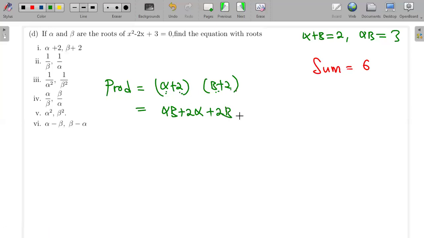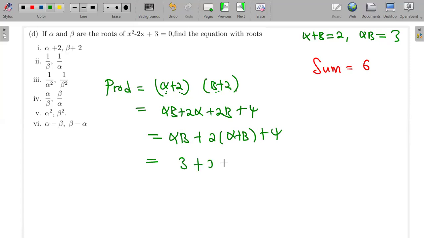Then 2 multiplied by 2, I get plus 4. So this will just be alpha beta plus 2 times alpha plus beta, plus 4. So this will be equal to alpha multiplied by beta, that is 3, plus 2 times alpha plus beta, that is 2, and then plus 4.